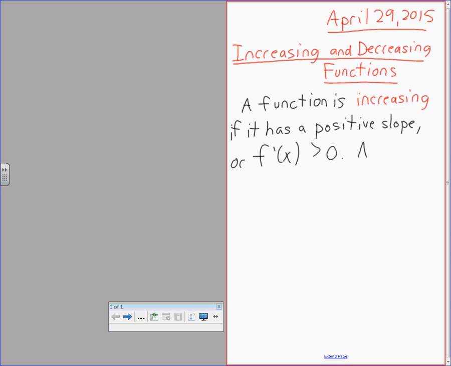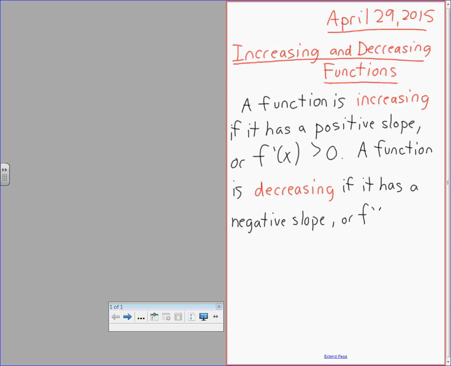A function is decreasing if it has a negative slope, or f prime of x is less than 0.